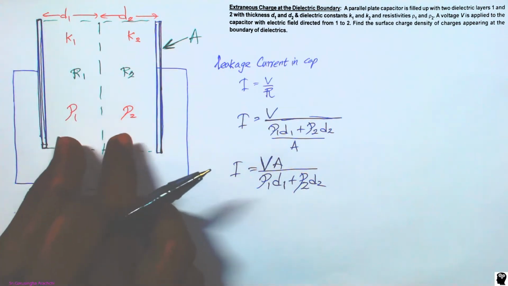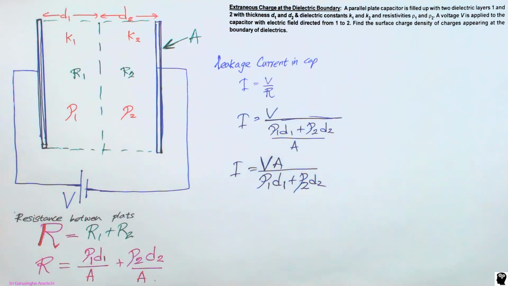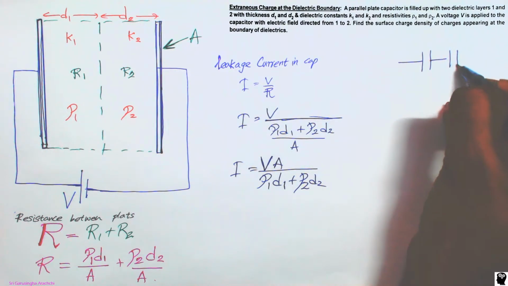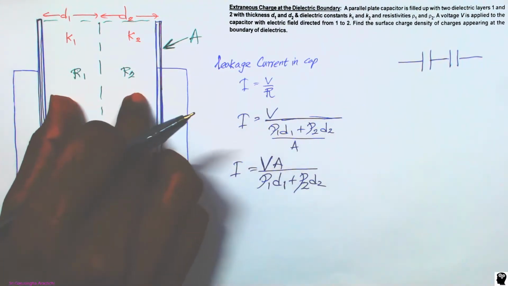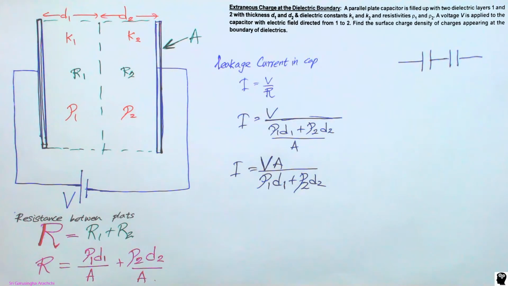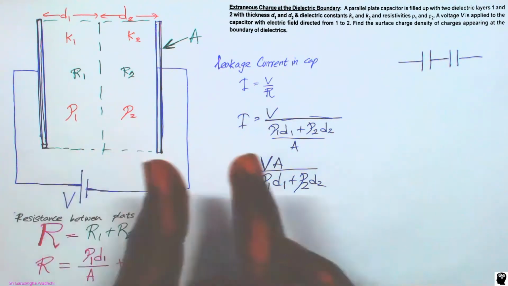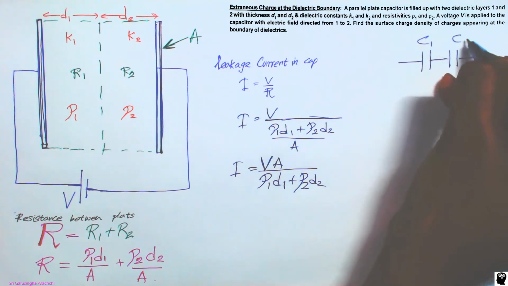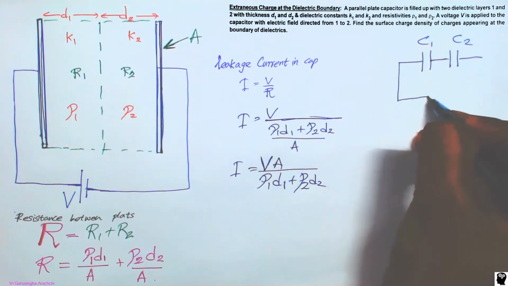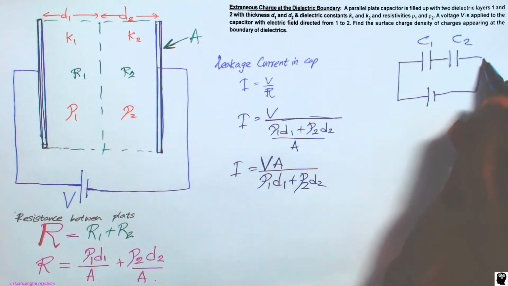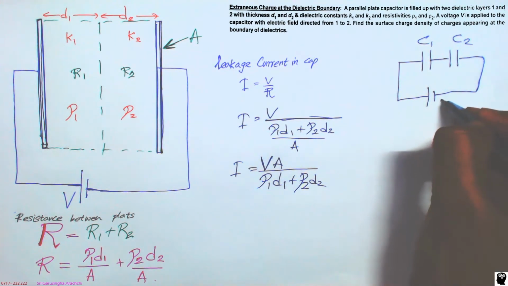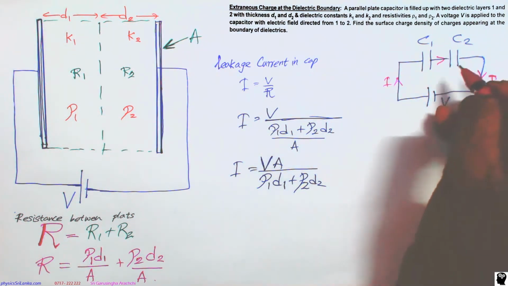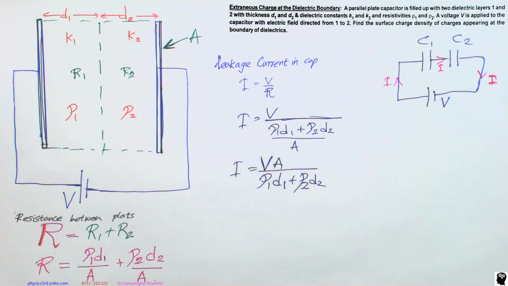Here we can split this into two capacitors in series. This is C1 and this is C2, connected across the battery of electromotive force V. Current I flows constantly throughout the system.